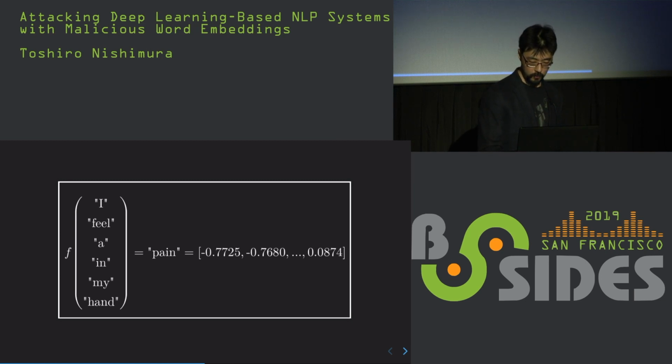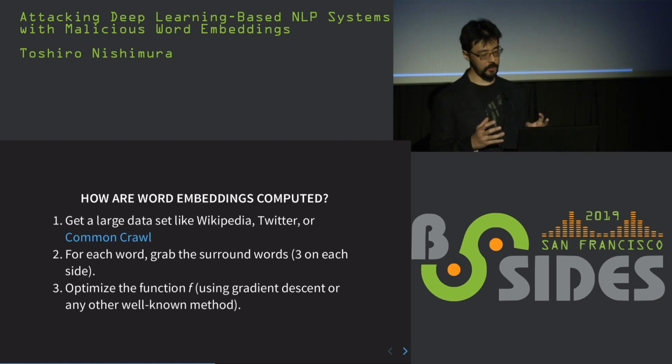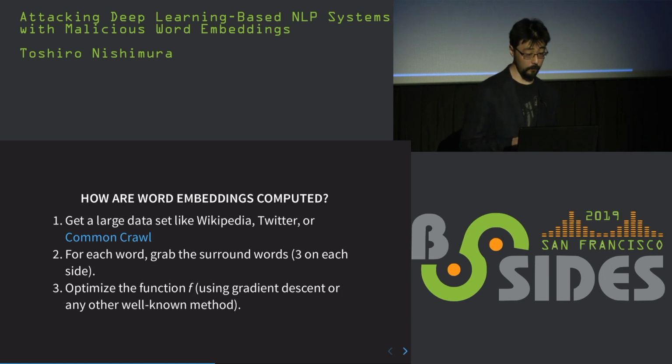And the algorithm goes something like this. You take a large data set of text like Wikipedia, Twitter, or Common Crawl, and for each word in that data set, you grab its surrounding words, 3 in our case, but you could do as many as you want, and then you optimize the function f using gradient descent or some other well-known method.